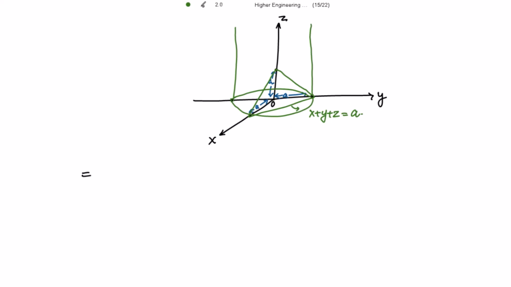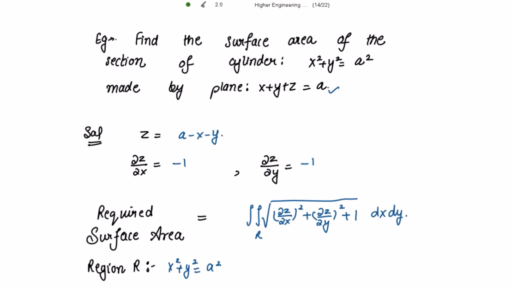On the xy plane, we have this section of the cylinder as x square plus y square is equal to a square. By symmetry, the required surface area becomes 4 times the surface area taken in the positive octant.